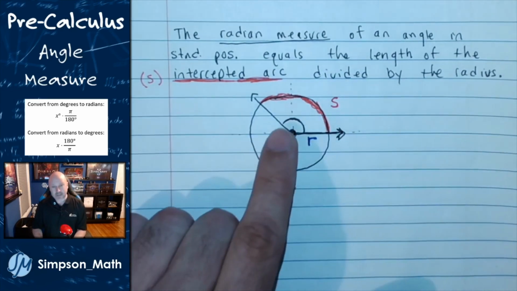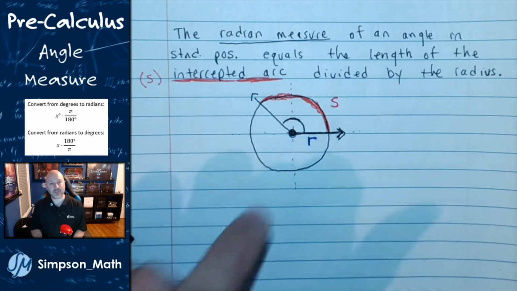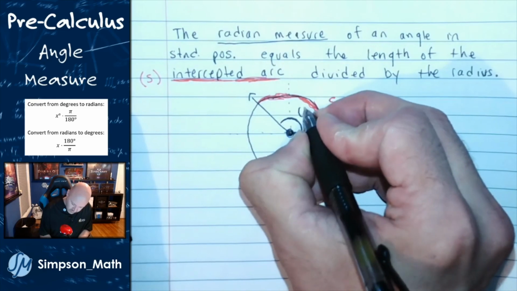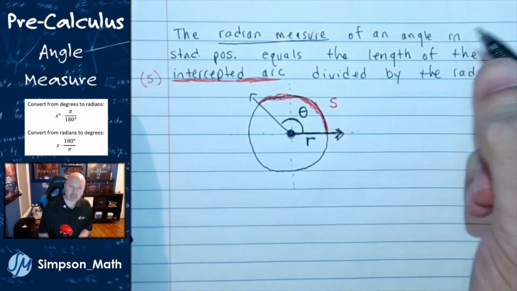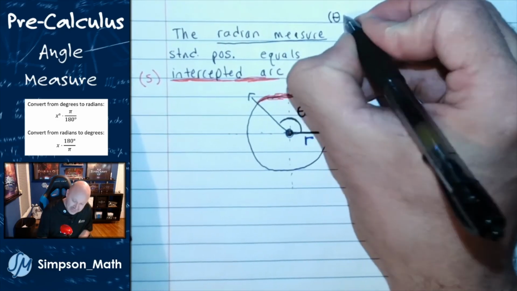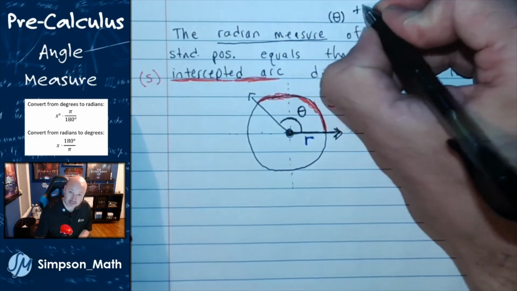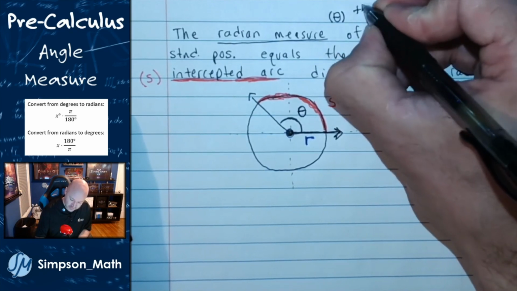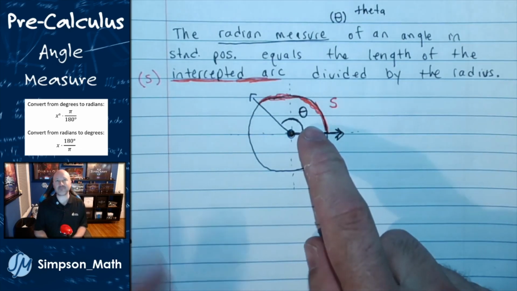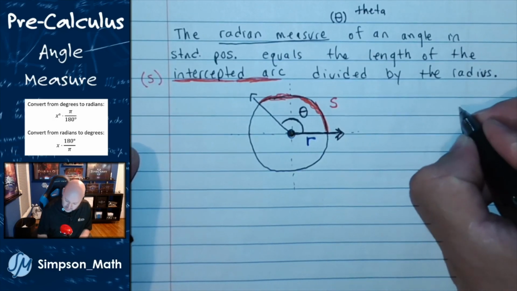Because we're talking about radian measure, I'm going to switch over to a Greek letter, theta. Up here where I underlined radian measure, I'll say we're talking about the Greek letter theta, T-H-E-T-A. In algebra, we use letters for variables like x and y. For radians, we use the Greek alphabet, so you'll see theta, alpha, and beta.